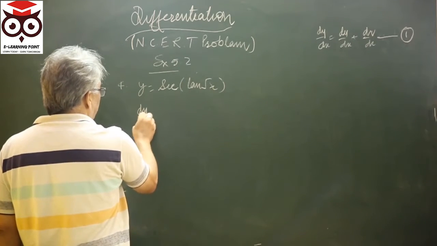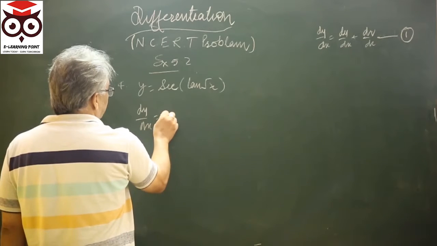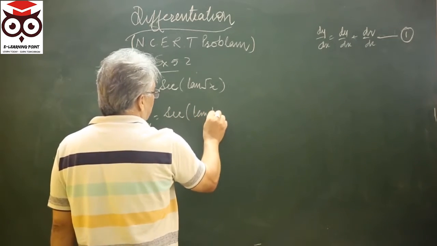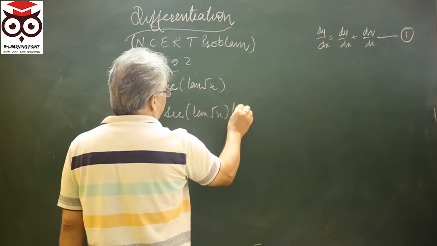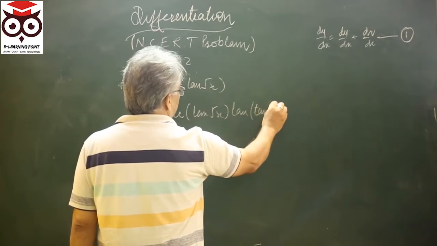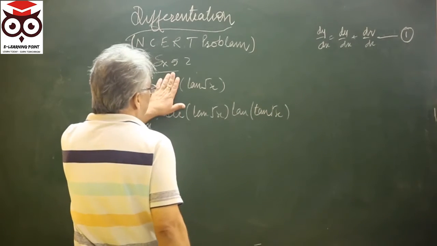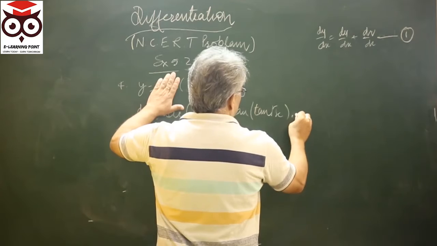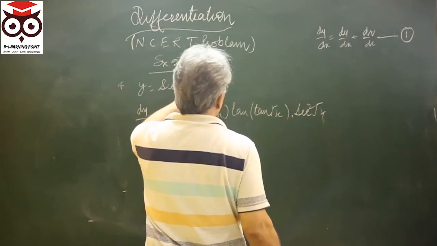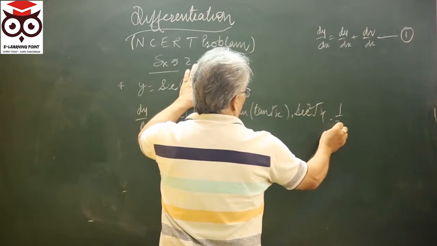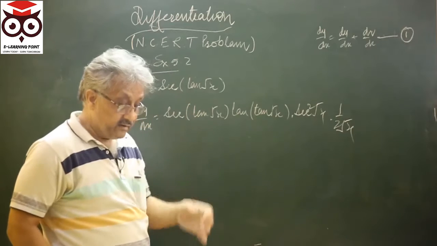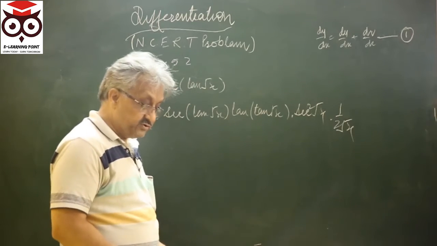So dy by dx is equal to sec tan root x, फिर tan आएगा tan root x, राइट। फिर हम इसको छुपा लेंगे तो क्या हो जाएगा sec स्क्वायर रूट एक्स, फिर हम इसको, तो दिस इज व्हाट 2 root x. So it can be done with the help of chain rule.